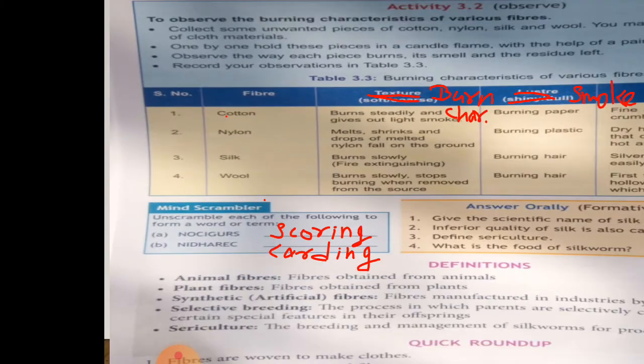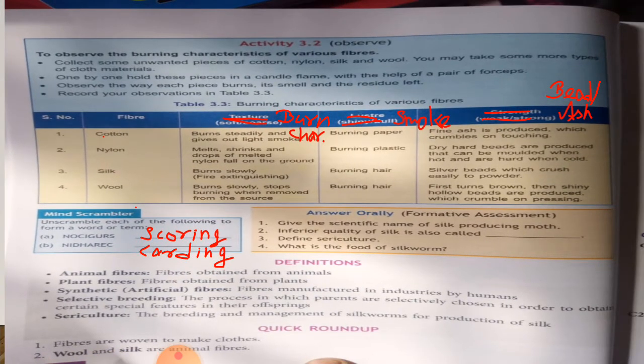Now answer orally. Number 1, give the scientific name of the silk producing moth. The scientific name of the silk moth is Bombyx mori. Now the second, inferior quality of silk is also called spun silk.